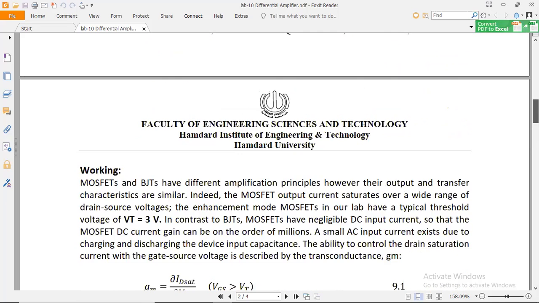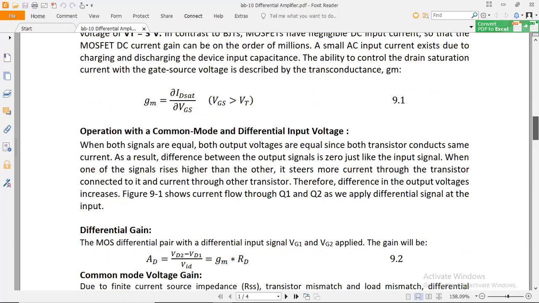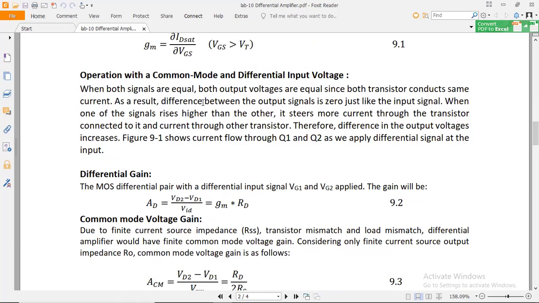When both signals are the same, here is 5 volts and here is 5 volts. That means the magnitudes of both sources, VG1 and VG2, are equal. The input voltages are equal, since both transistors conduct the same current, because their voltages are the same.